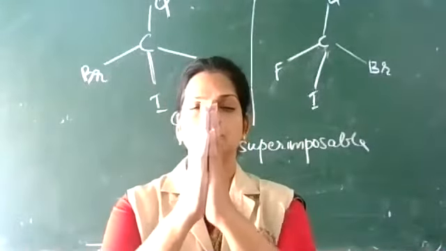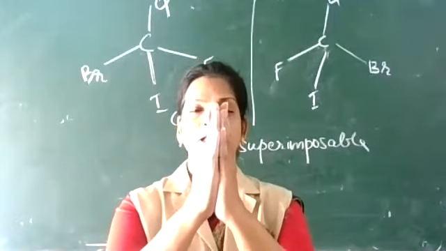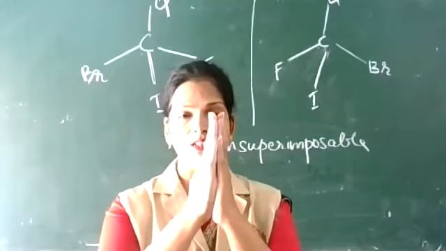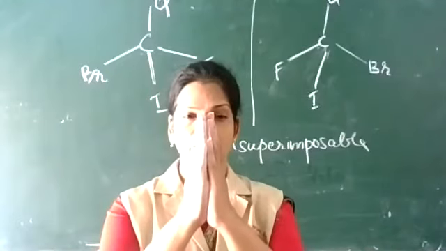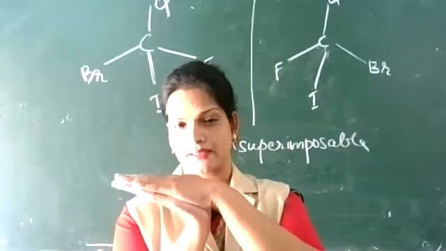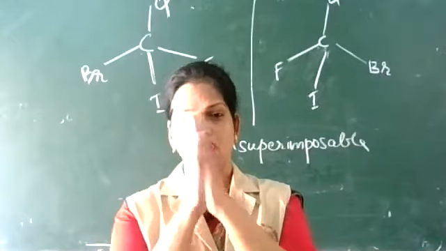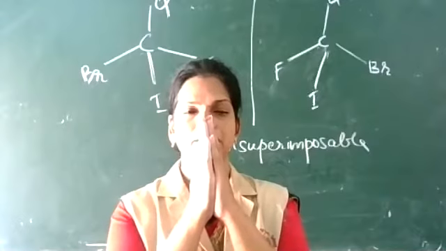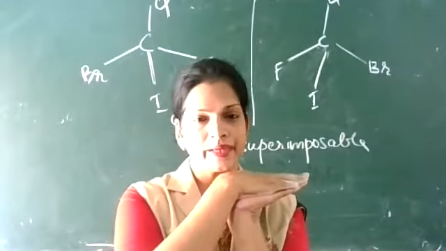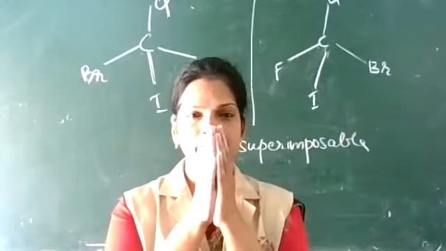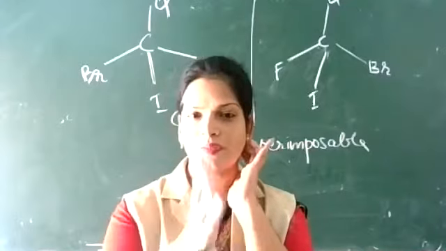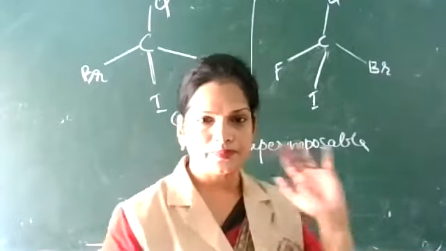If this plane polarized light is passed through this compound taken in a test tube, the plane of the polarized light will either be rotated in the clockwise direction, or it will be rotated in the anti-clockwise direction. My clockwise may be your anti-clockwise.